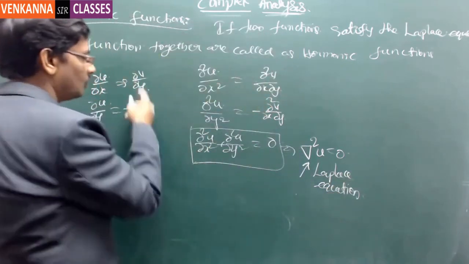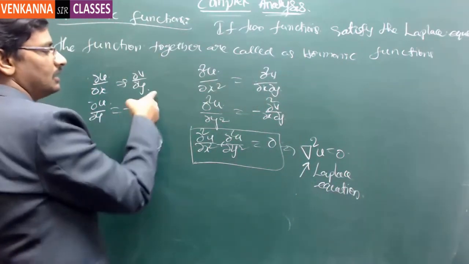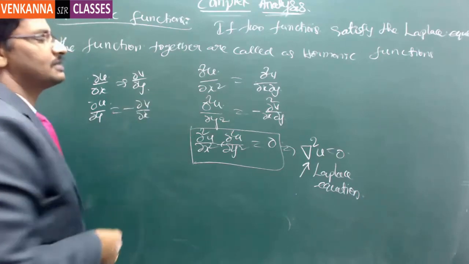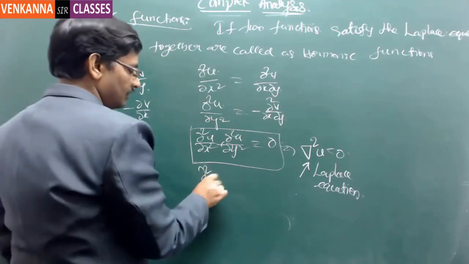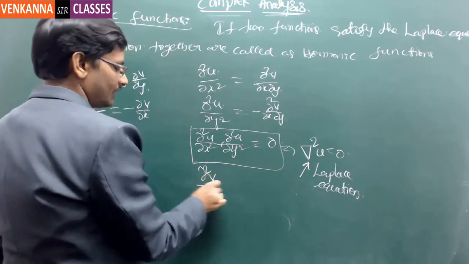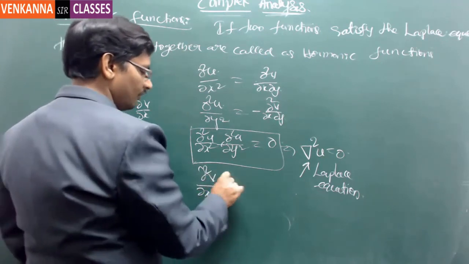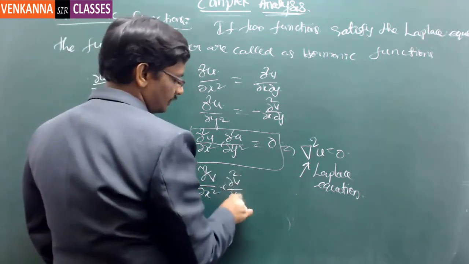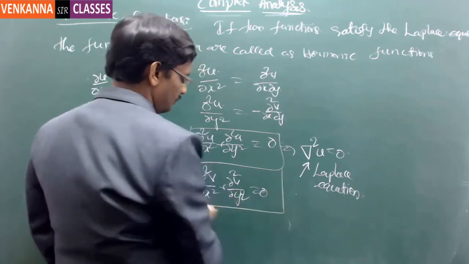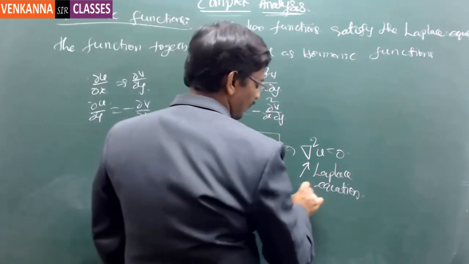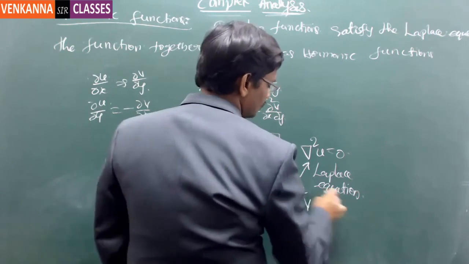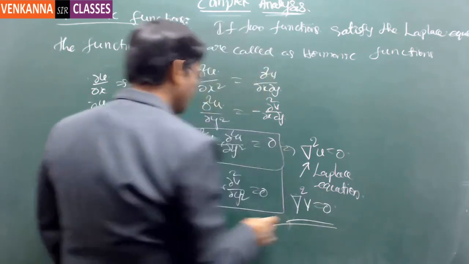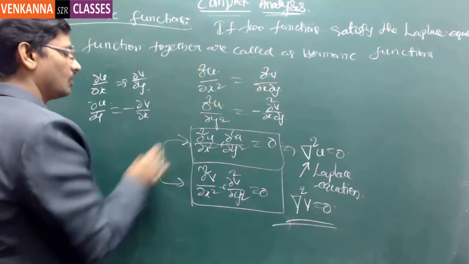Similarly, if you do the same thing on the v side, again it will come as ∂²v/∂x² plus ∂²v/∂y² equal to 0. So v also satisfies the Laplace equation, del square v is equal to 0. These two are the harmonic functions.